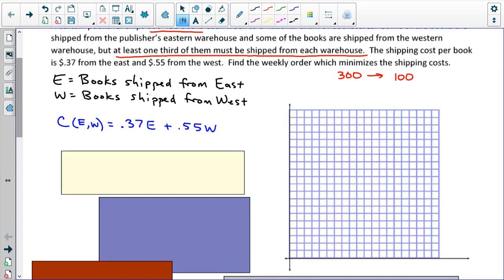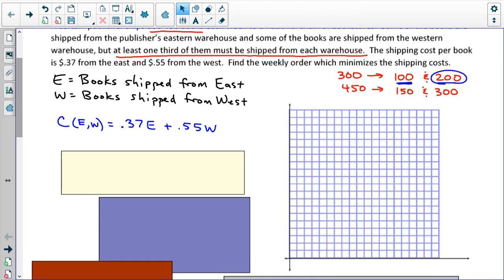And then the other coast would get 200 of them. Let's say we shipped the maximum amount of books, 450. 1/3 of 450 is 150, and then the other coast would get 300 of them. So what we're looking at here is a relationship of 2 to 1. Basically, if one of the coasts ships a certain number, the maximum the other coast could ship is twice as much.